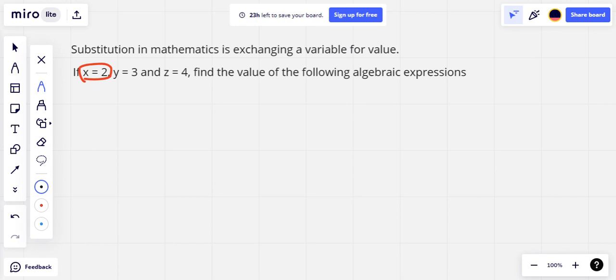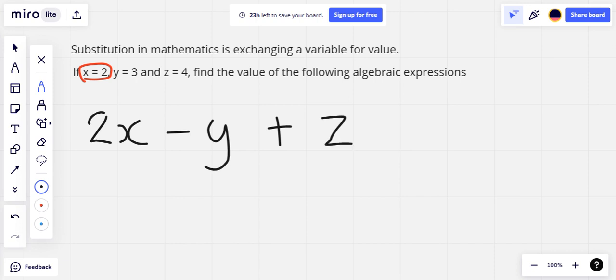Okay, so let's look at this one: 2x minus y plus z. Okay, let us exchange our variables for a value, or for the number.